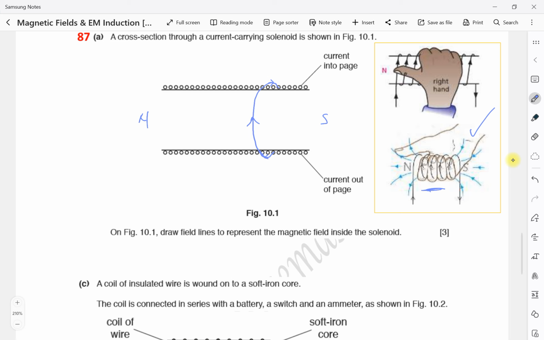Therefore, the magnetic field lines are going to be at the center. Of course, you draw a straight line with the ruler, and the lines terminate at the north and originate from the south. You can't draw one field line, so I'll draw others.